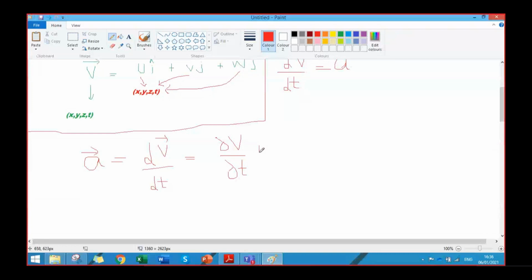Then according to the chain rule, we should be taking the derivative of velocity with respect to x, and then the derivative of x with respect to time, right?